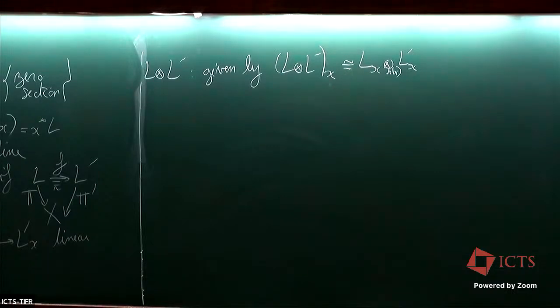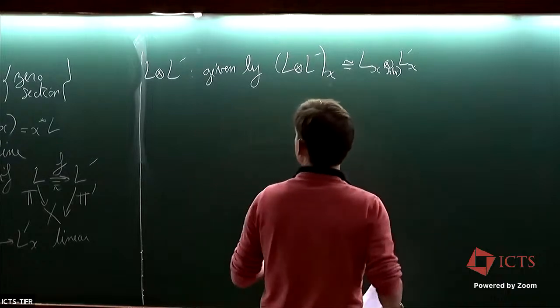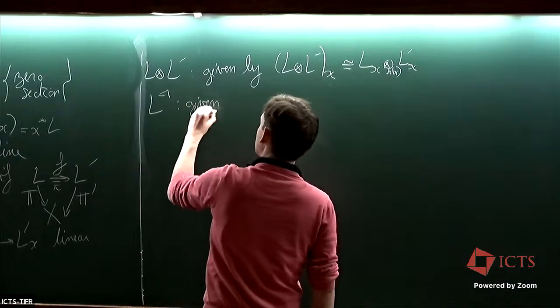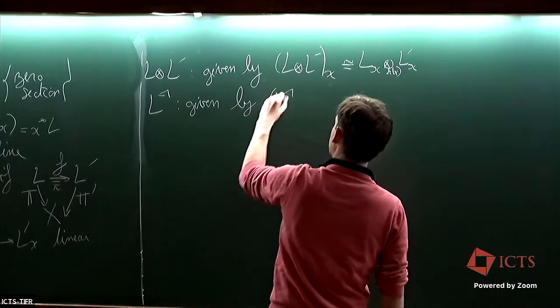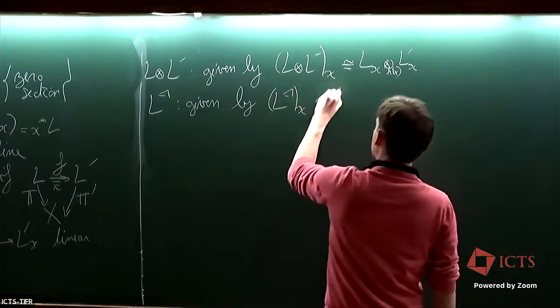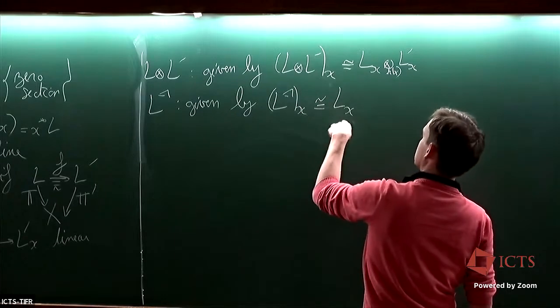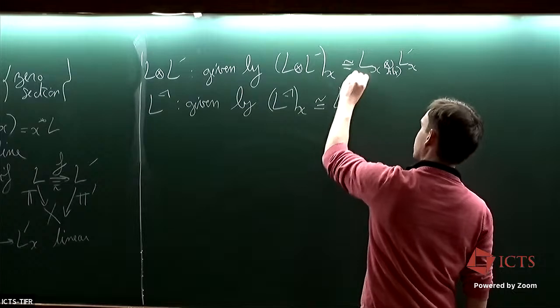Dimension is 1 times 1, so it stays 1, which is good news for us. And you also have L minus 1, which plays the role of the inverse, which is L minus 1 x. You can say this is a line and you take its dual. I think we did say dual here.